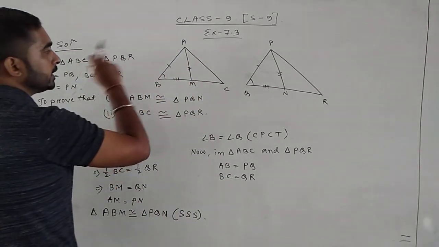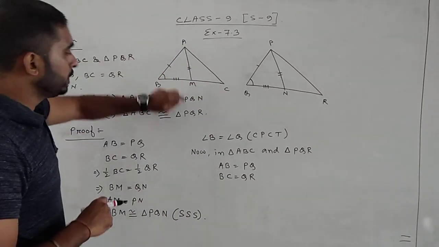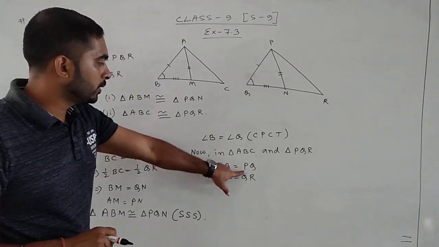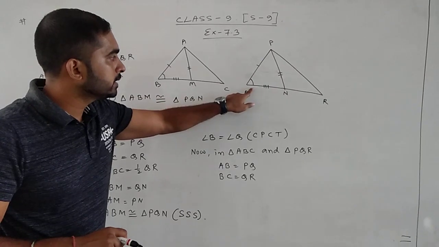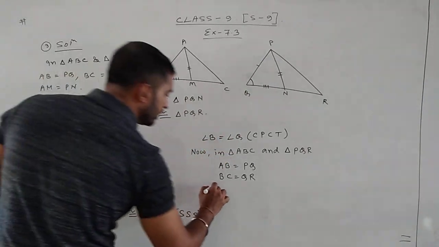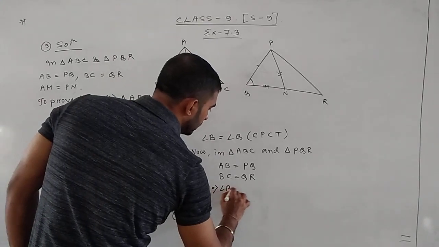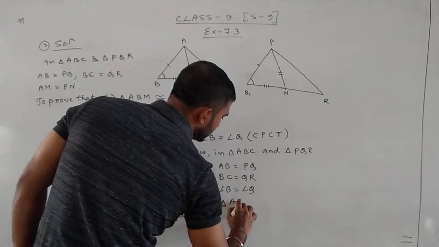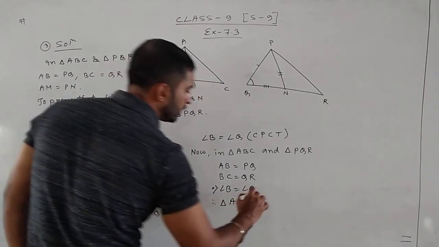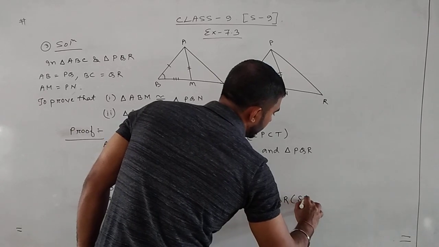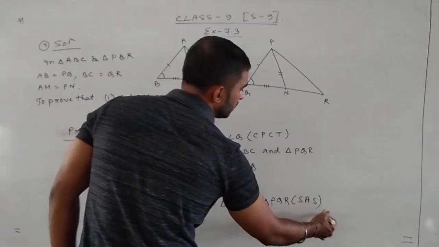Then see the angle between AB and BC is B, and the angle between PQ and QR is Q. They are equal because these two triangles are congruent, angle B equal to angle Q. Therefore, triangle ABC congruent triangle PQR by side angle side.